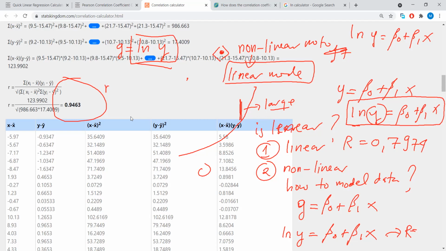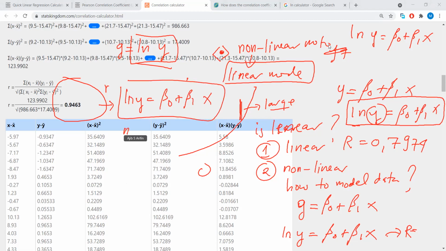It means that the modeling might be improved. You can see here the equation that gives the higher correlation is ln y equals b0 plus b1x, and actually this equation is non-linear.